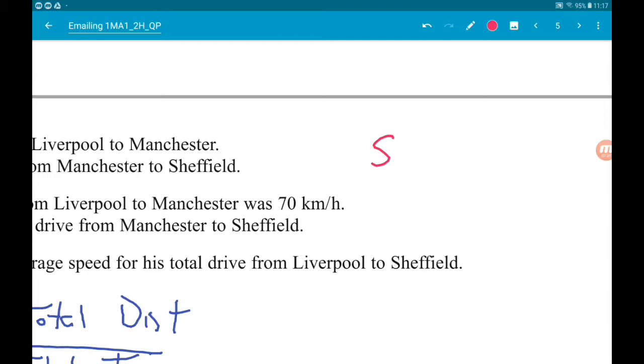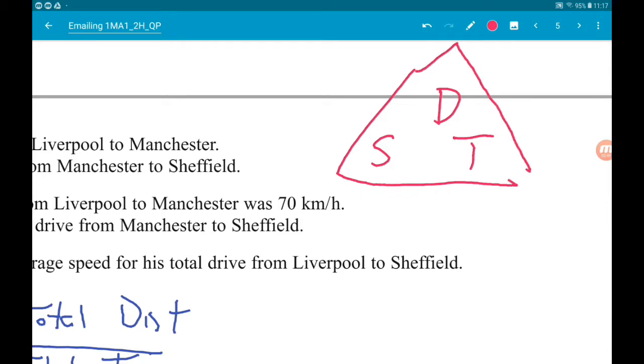So we got S, D, T. Now in these, you cover up what you want, so here we want time, it leaves you with the formula. So time is distance divided by speed.